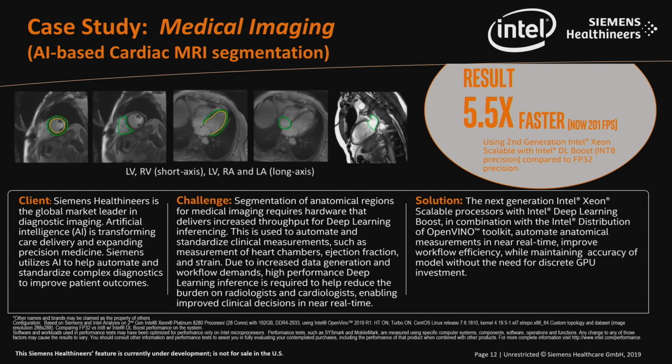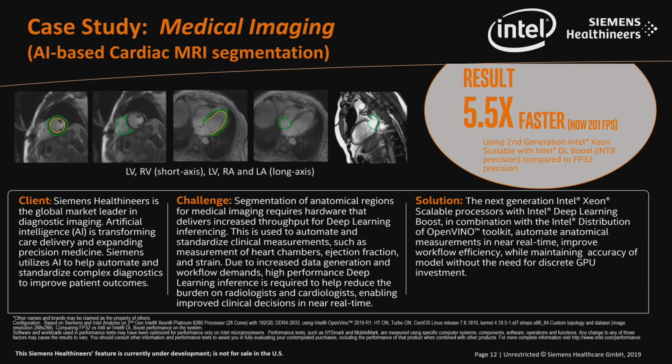What's interesting about that quote is that they do not see a need for a discrete GPU investment because of the performance gains they are seeing with the second gen Xeon. They also had a really nice demo; my slide doesn't do justice to it, where the cardiac MRI was able to detect anomalies in the heart much faster than before.